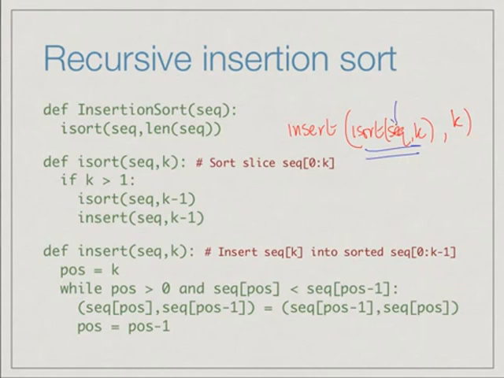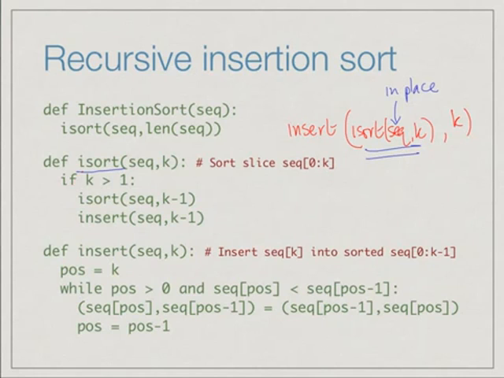It sorts this thing in place. So this call would not have the correct type, because insert will take a sequence and a position and insert this value at this position to its left. So we write it now as two separate things. First of all, we have an overall insertion sort which takes a sequence, and it will call this auxiliary function which says sort this sequence up to this position. So isort sorts the slice from 0 up to k minus 1.